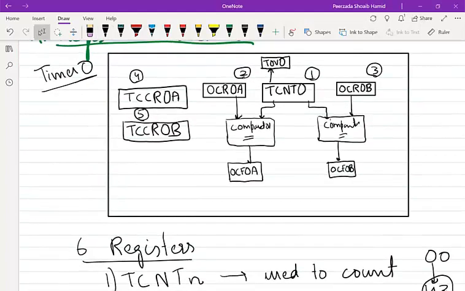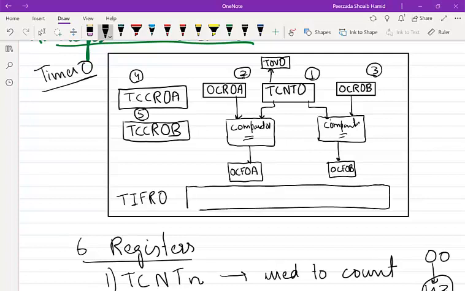And then the 6th register is actually these flags, because flags are also part of a register. We have a flag register, we call it timer flag register 0 for timer 0. This is again an 8-bit register.